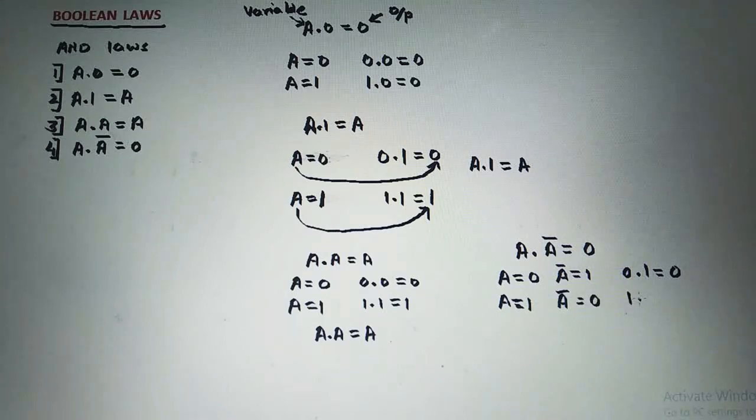So 1 dot 0 is equal to 0. Here the output in both cases is 0. Because of that, A dot A bar is equal to 0. So these are the AND laws in Boolean laws.